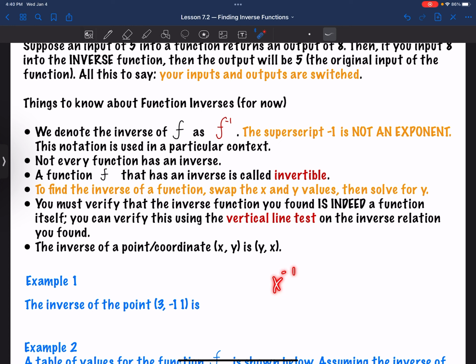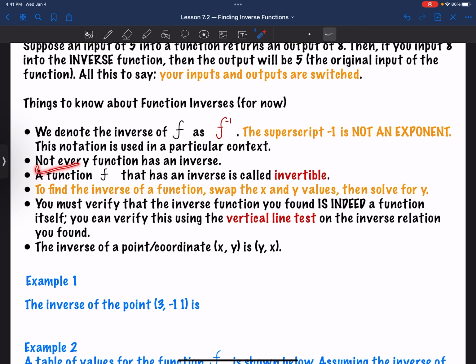We're actually going to talk about negative exponents in this unit as well, so if you're not sure what a negative exponent is, don't worry, we're going to cover that. But for functions, when I write a little f with a little -1, it's not really an exponent. I wouldn't write f squared or something like that. This is its own notation used for the context of inverses.